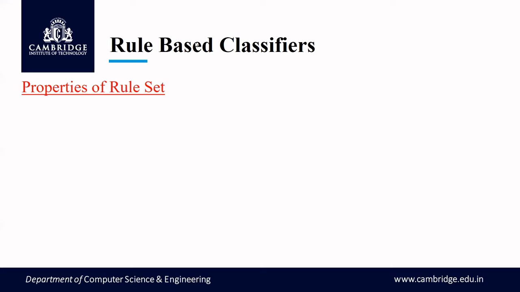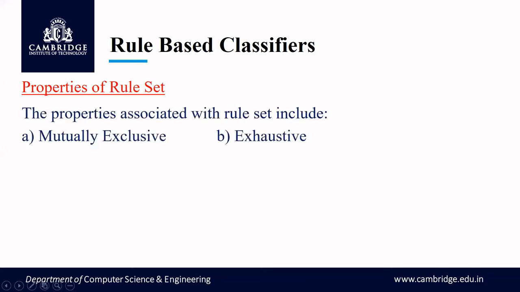Here the second and the third conditions are slightly confusing: we had an ambiguity, as well as no classification being done. So how do we overcome that problem? For that, we have to consider two properties. One we call mutually exclusive, and the other we call exhaustive.